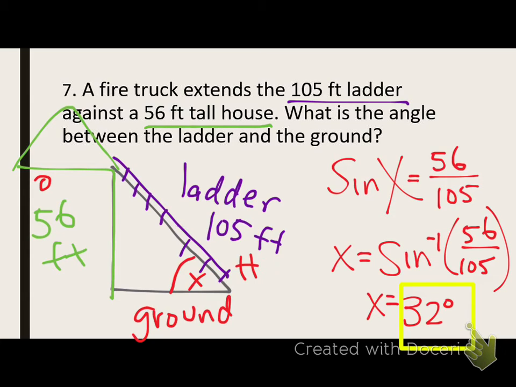Oh wait, so if we don't know the angle that goes to sine, we do shift sine? Anytime you're solving for an angle, you use the shift. Can you use the Pythagorean theorem to solve for an angle? No. So you have to use a trig ratio.